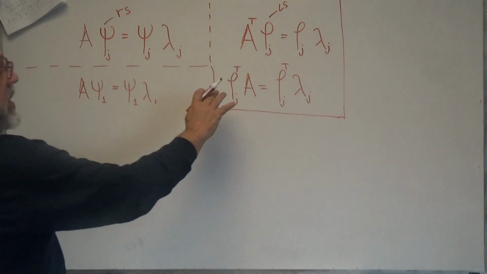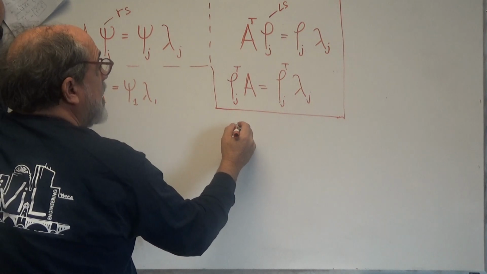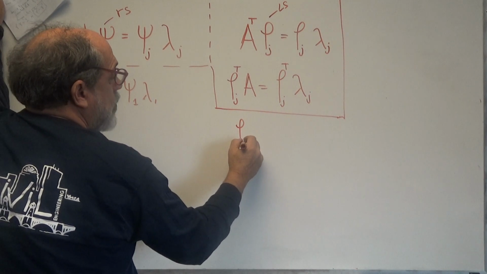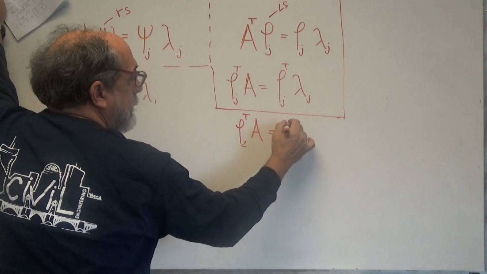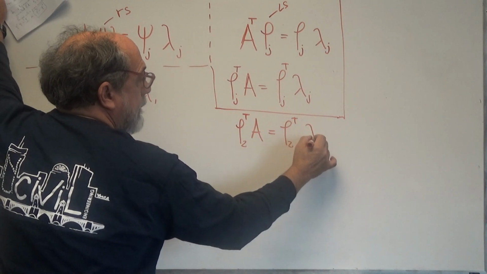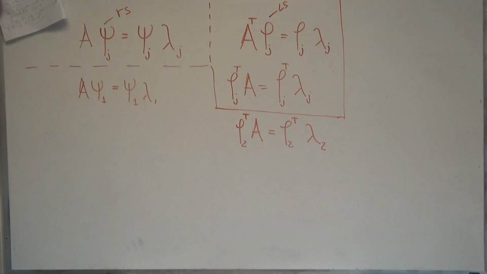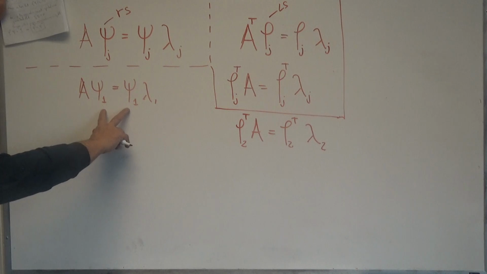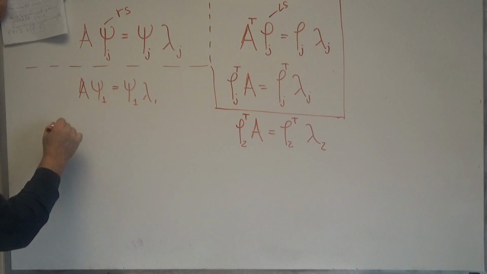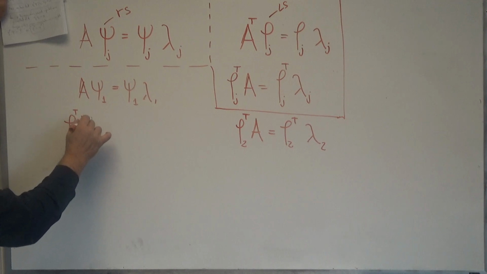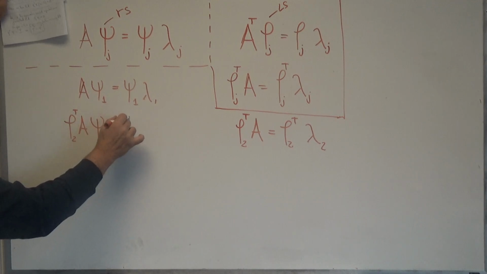And if I look over here at the particular case 2, we can write this. Okay? Now, if we pre-multiply this matrix, this side, times C2 transpose, then we would have this situation.